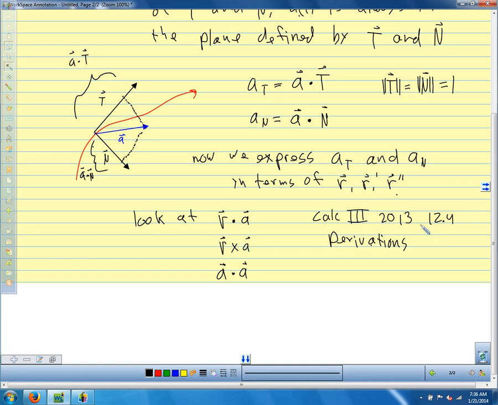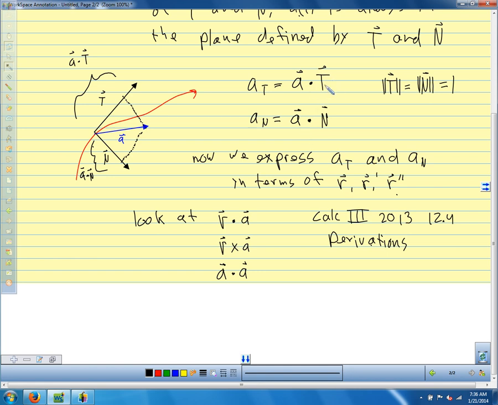It's nice to watch those because you see how we use what we know about the dot product, how we use what we know about the cross product, and the unit normal and unit tangent vectors to come up with nice, easy to work with expressions for our tangential and normal components of acceleration.